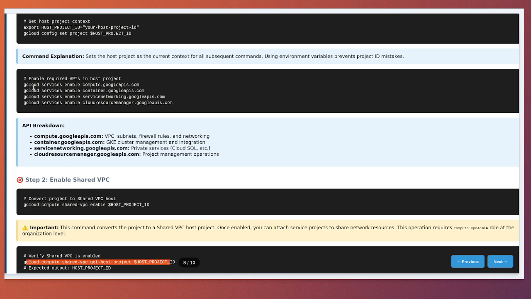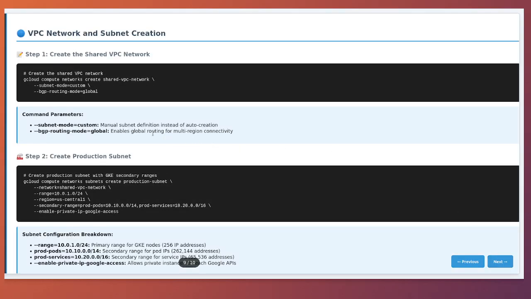This ensures all subsequent commands operate on the correct project. I always recommend setting environment variables for project IDs to avoid mistakes. These API enablement commands may take a few minutes to complete. Each API activation sets up the necessary backend services for that functionality, creating the VPC network infrastructure.